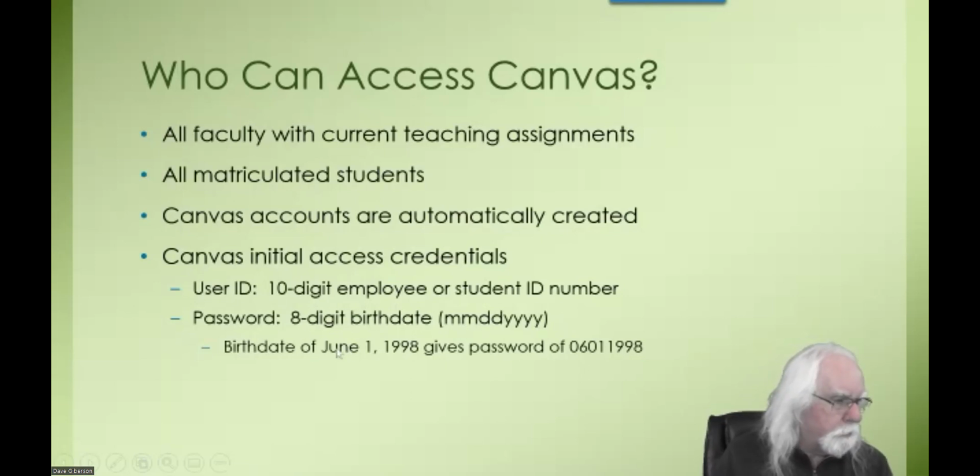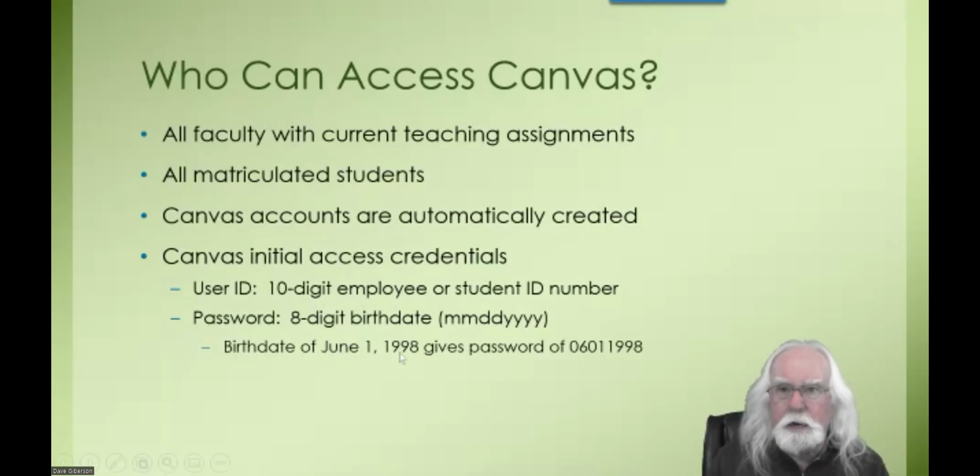So if you were born on June 1st, 1998, I wish, your password would be 06 for the month. And if it's a 1-digit month or a 1-digit day, you have to put a 0 in front of it. So 0601 for June 1st and 1998 for the year, the full year. And that will get you into Canvas.